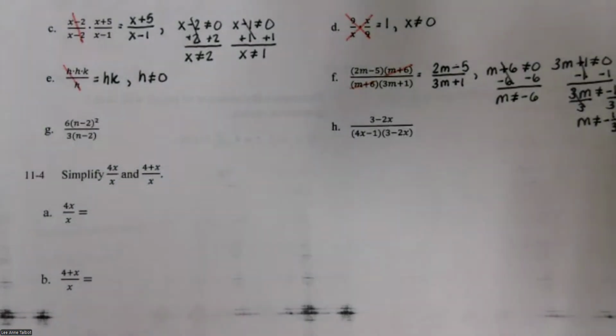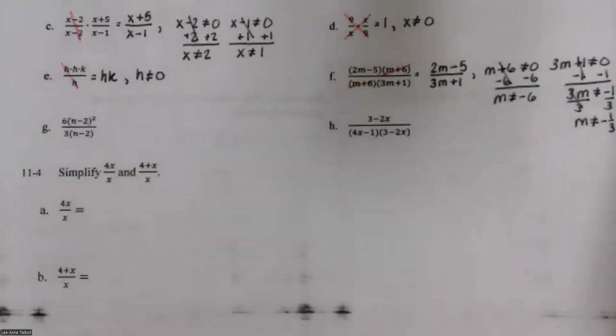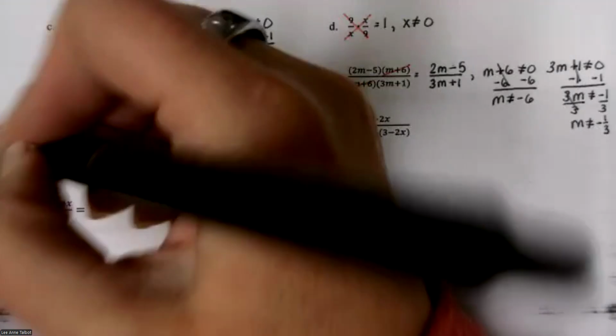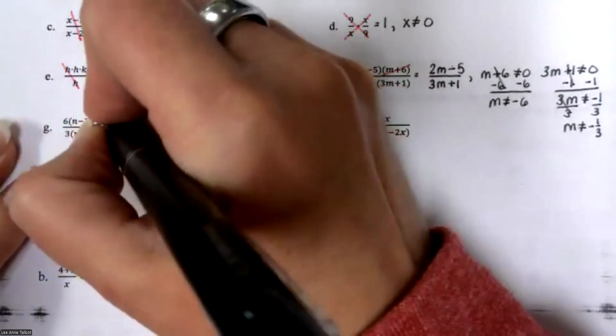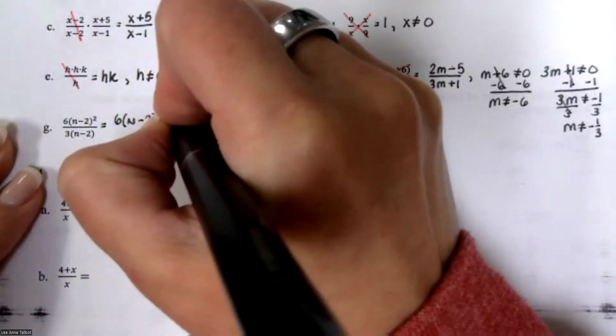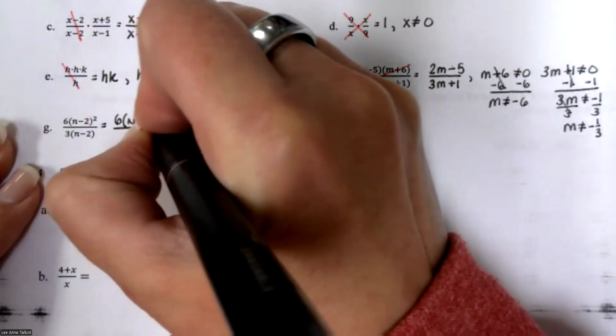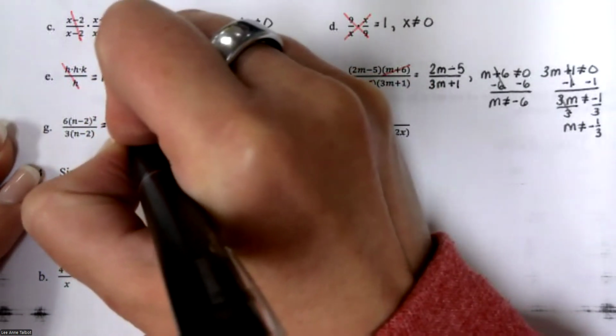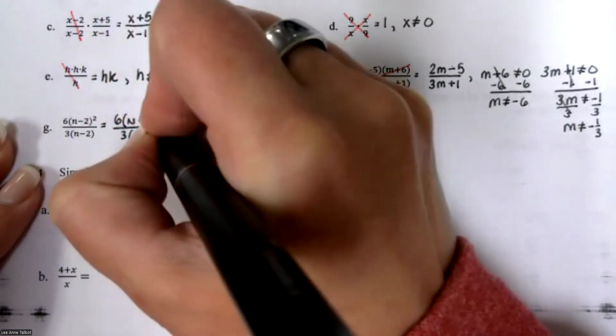Okay, now G. I think they stepped up the difficulty level just a bit. For G, I'm actually going to write it out. That will make it easier for me to see what cancels.